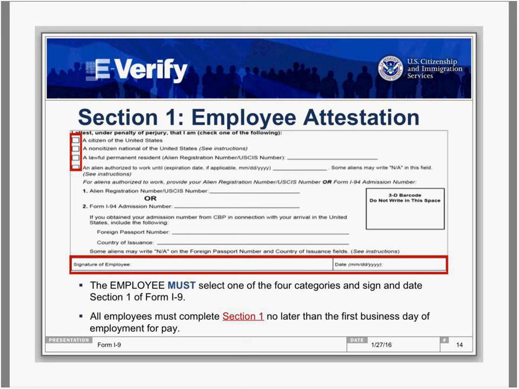The answer to that is once a position has been offered to an individual and they've accepted the job, any date from that date, but no later than the first day they start working for pay, that can be completed. Now, that's a mouthful, so let me give you an example.